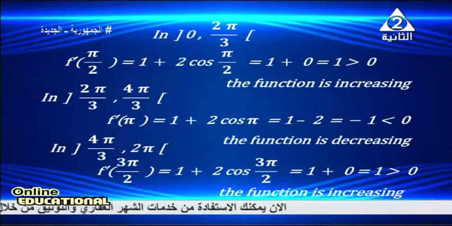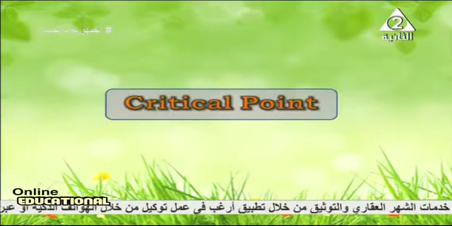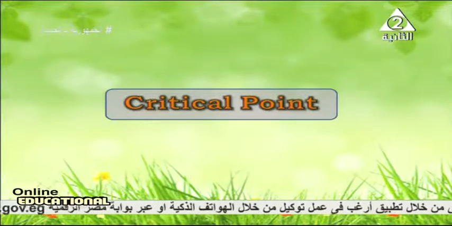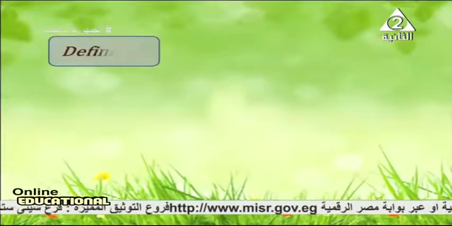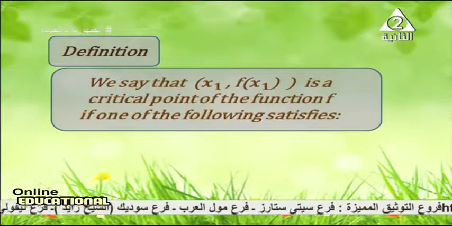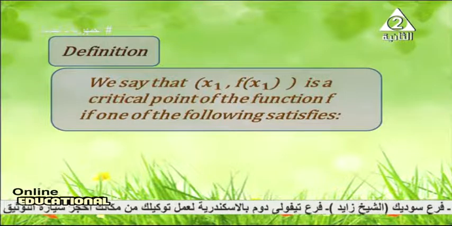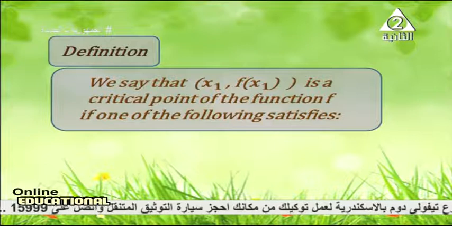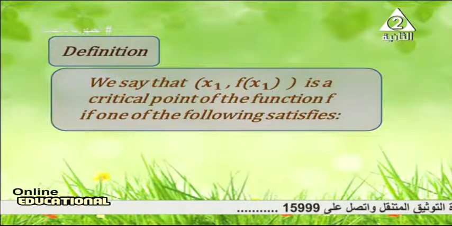Now, dear students, we can deduce the following concept. What is the critical point? Definition. We say that the point (x1, f of x1) is a critical point of the function f if one of the following is satisfied.